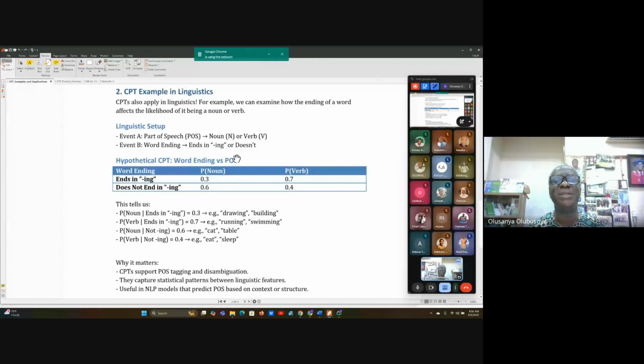So this is a hypothetical conditional probability table, which is just to demonstrate how in linguistics, word ending can help predict the part of speech.